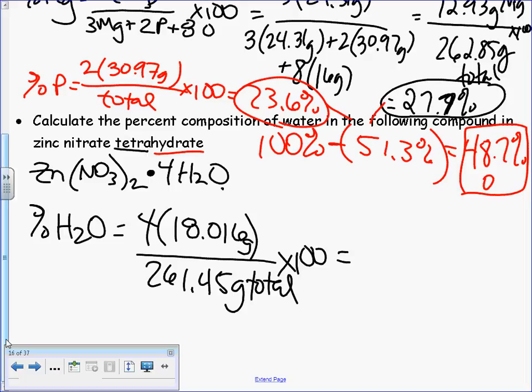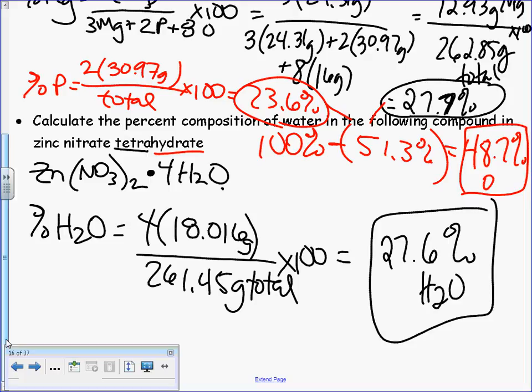Don't forget percent is multiplied by 100. Tell me that mass percent. Anybody, whenever you're ready. So I'm just going to round that up to 6 if that's okay. So that's our percent water.